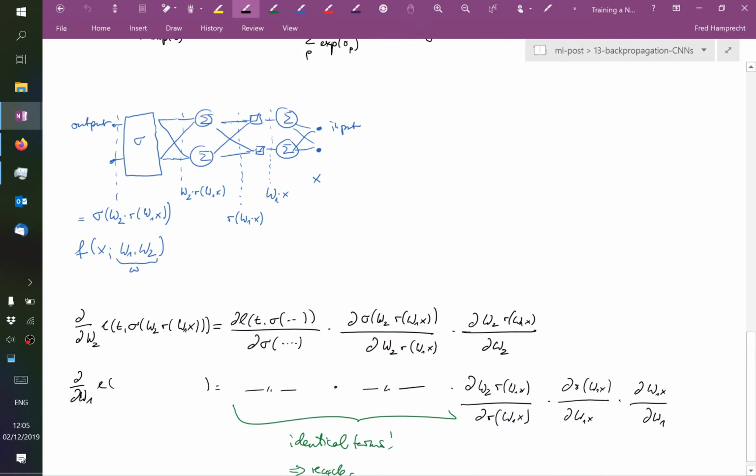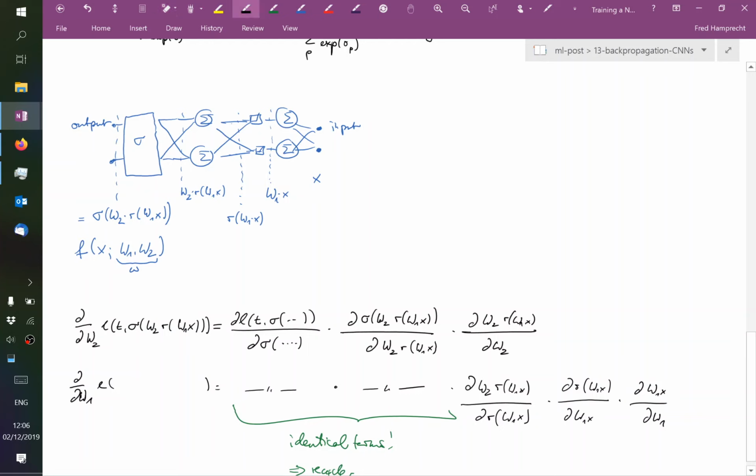And each of these factors that you see in this equation is associated with one set of arrows in this computational graph. What we have here is not the proper computational graph, but for example, how the output of my softmax changes with its input is associated with this node here.